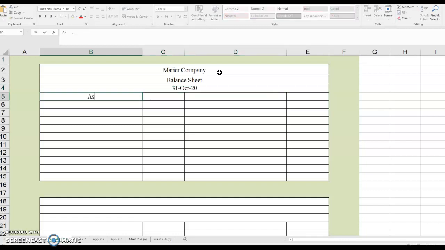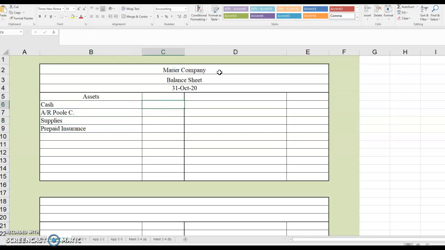Okay, first we list our assets. We have cash. I'm going to abbreviate just for the sake of convenience and time. Good thing I'm a good typer, so I can type fast.